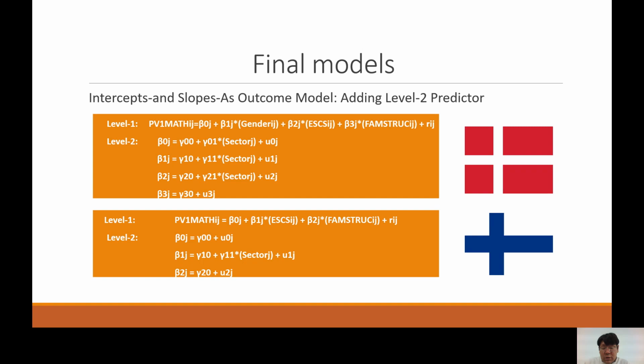So you see here, sector is a school level factor, but gender, ESCS, and family structure are student level factors. So the final model was kind of this for Denmark and for Finland.